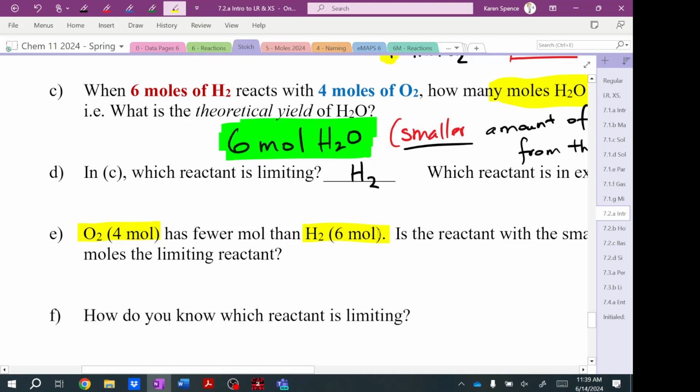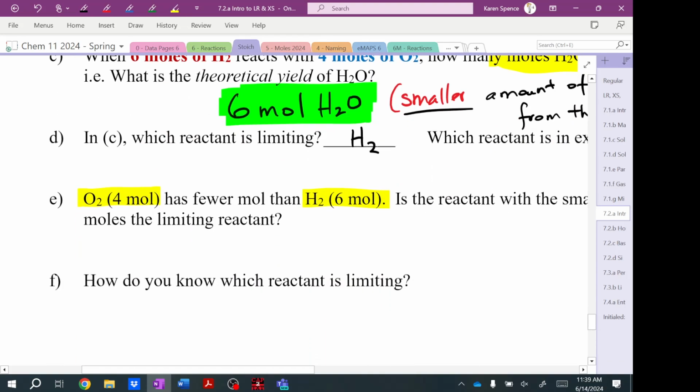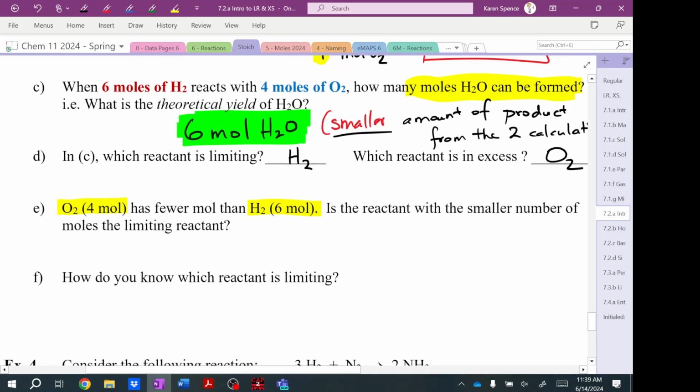And the reason that it's wrong is that we use more H2 than we do O2 to make the water. We use twice as much H2 as O2. So in order to use the same amount, I would have to have twice as much H2. Those would be equal stoichiometric amounts. Okay? So the smaller amount of reactant might be the limiting reactant, but it also might not be the limiting reactant.